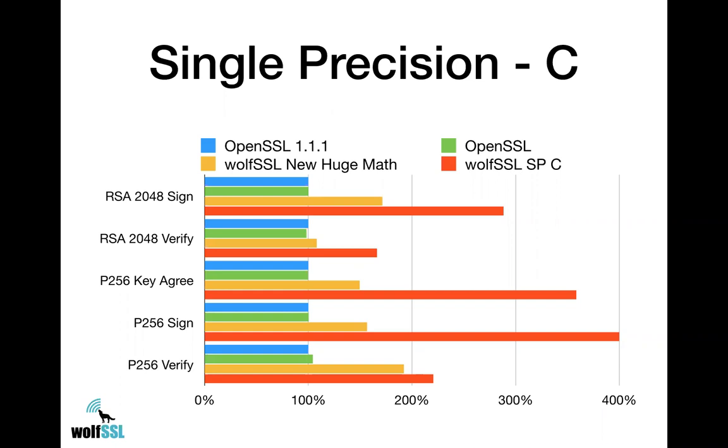The sign is, I would say, like 280% up there. So it's 2.8 times faster. The P226 key agree is almost 3.5 times faster. That P226 sign is going off the edge of the graph. I didn't want to have that number in there because it just shrunk the graph so much that it made all the other bars too small to see.